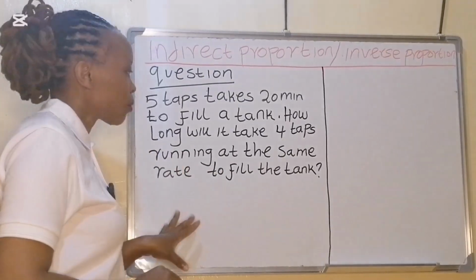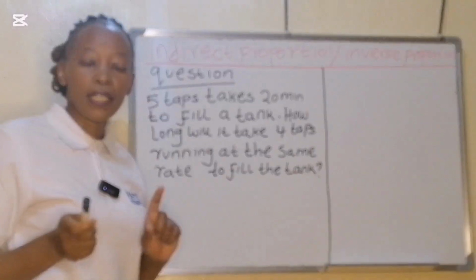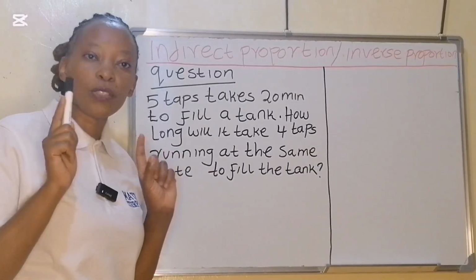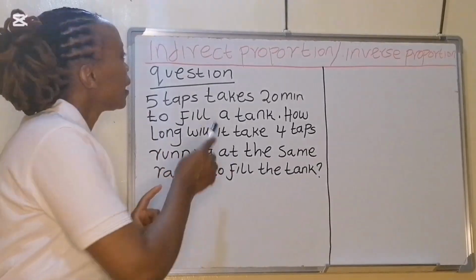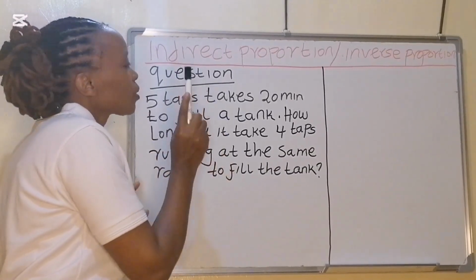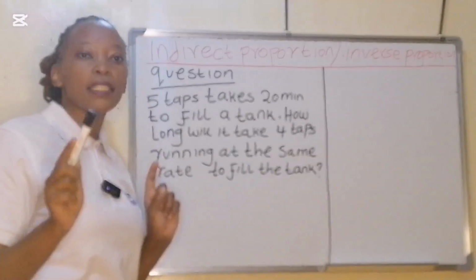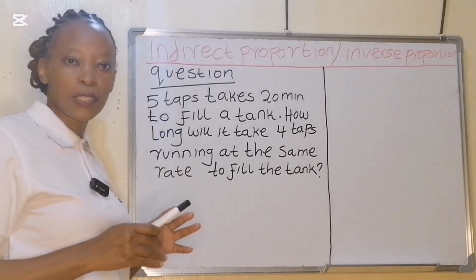So when you get such a question and you fail, it means you haven't understood the subtopic on indirect proportion, which is a topic under proportion.